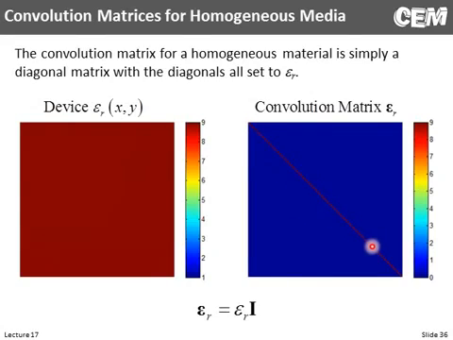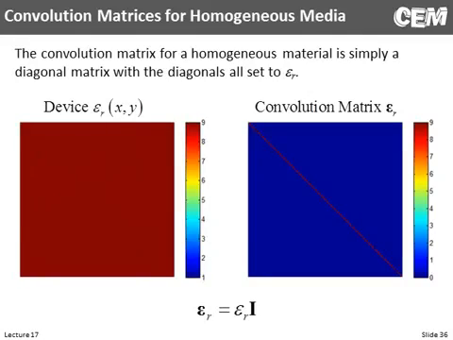And in fact, what is going down the diagonal is whatever the function value was over here. So if we have all 9s in our grid, we will have all 9s going down the diagonal. What this tells us is that if it's homogeneous, there's nothing to cause coupling between different spatial harmonics. So we only have numbers going down the diagonal, meaning the harmonics are only coupled to themselves.